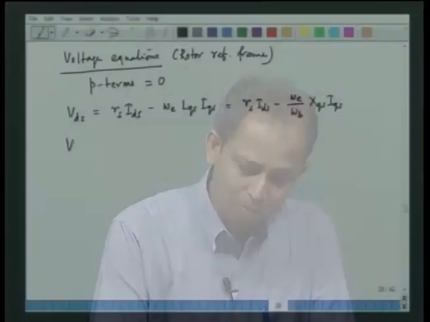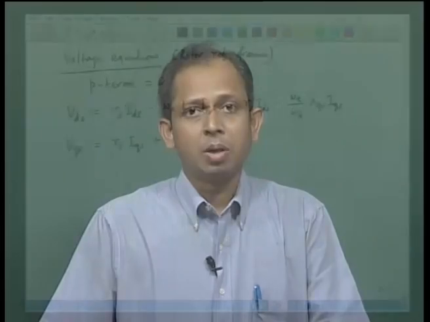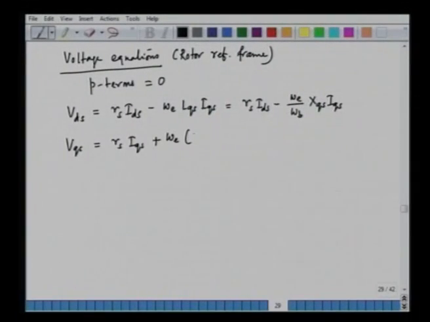Similarly, in the q axis, if we write the voltage equation, what is VQs? VQs is equal to Rs into IQs plus the rotor speed into the d axis flux. So here omega e is the rotor speed, and the d axis flux linkage is given by LDS into IDS plus LMD into IF.